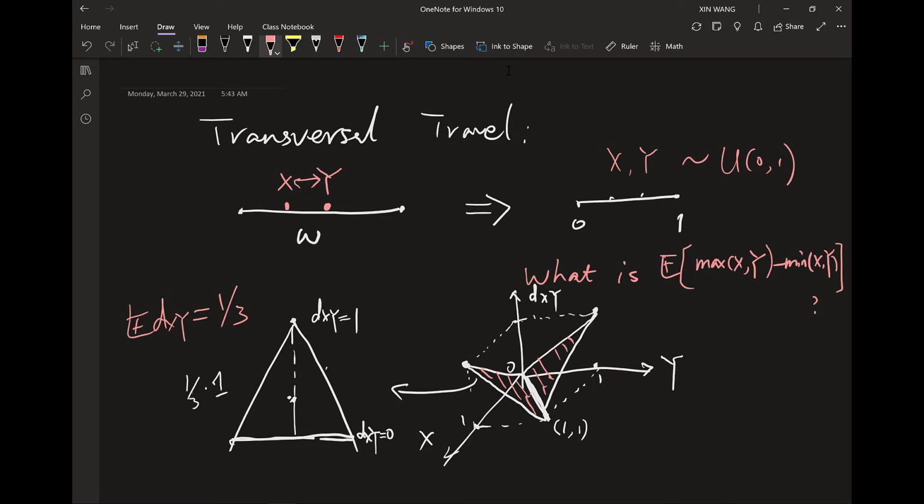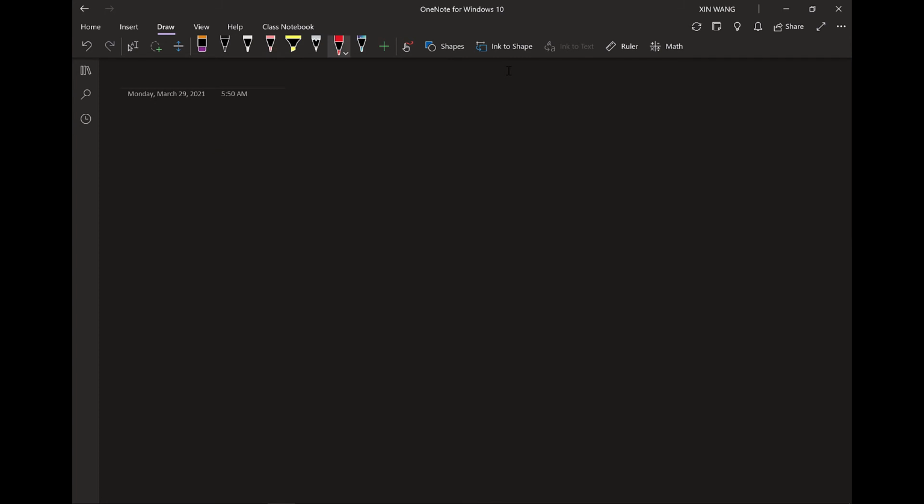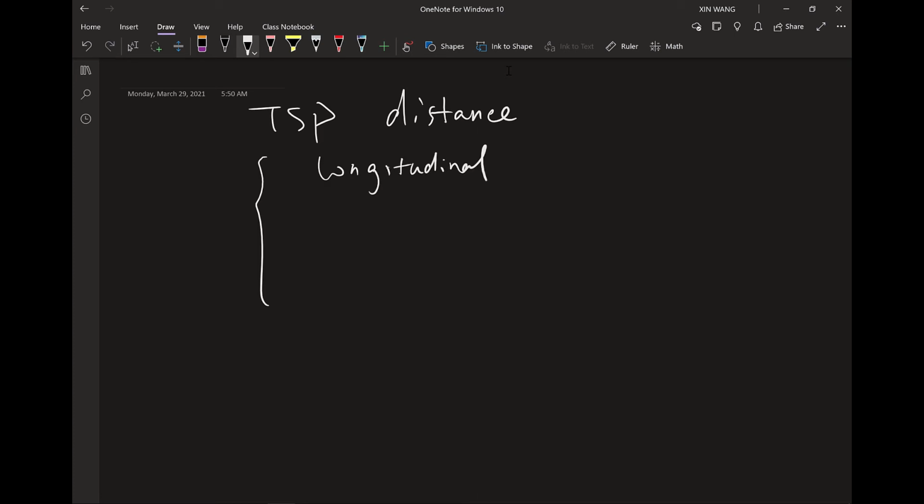So with this, we can tell that for a general swath with width W, the average distance between x and y will be W/3. Okay, so in this case, we can calculate the total TSP tour by the summation of its longitudinal distance and its transversal distance.